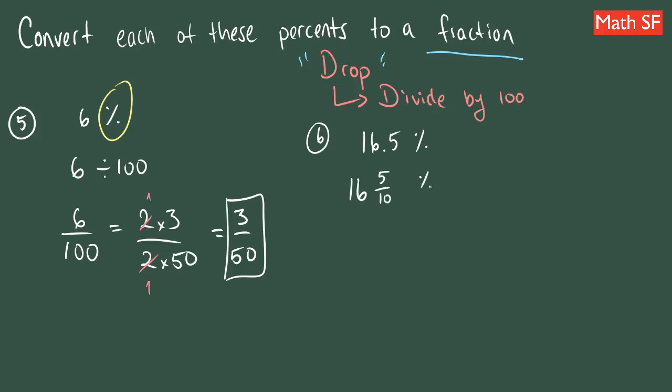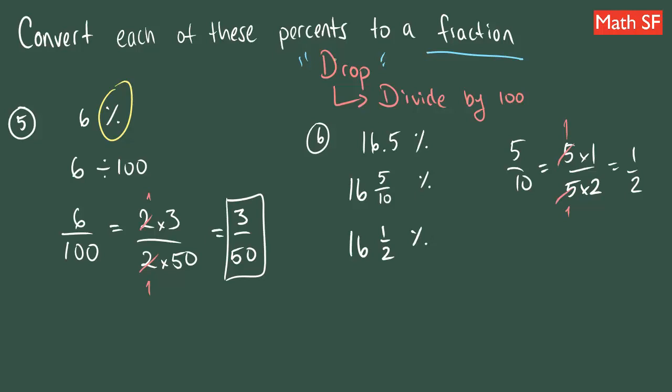We have the percent so far, but 5 tenths should be reduced into 1/2, right? Do we agree that 5 tenths is pretty much 5 times 1 over 5 times 2, which this 5 goes away, and you're left with 1/2. So I'm gonna just rewrite 16 and 1/2%.